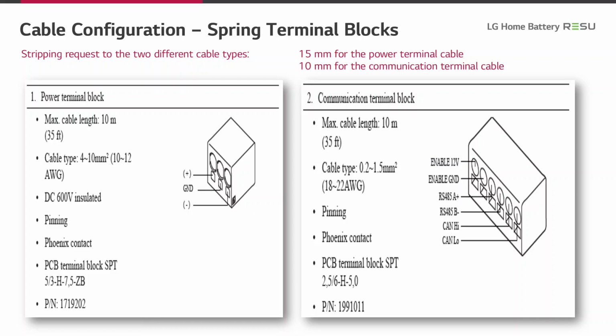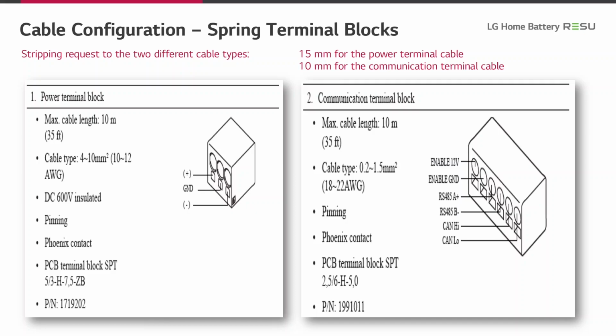The following chart gives you an overview of the definitions and requests of the different type of cables. First of all, there are stripping requests to the different kind of cables, and it's 15 millimeters for the power terminal cable and 10 millimeters for the communication terminal cable.